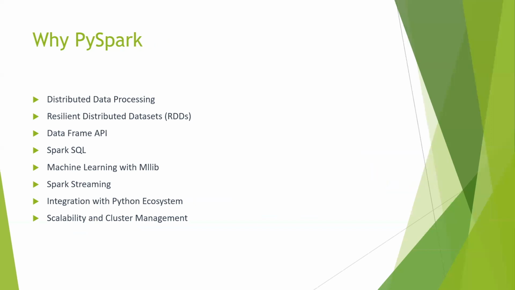Now here are some key points on why we should use PySpark. There are so many advantages, but I have just mentioned a few of the key features of PySpark.